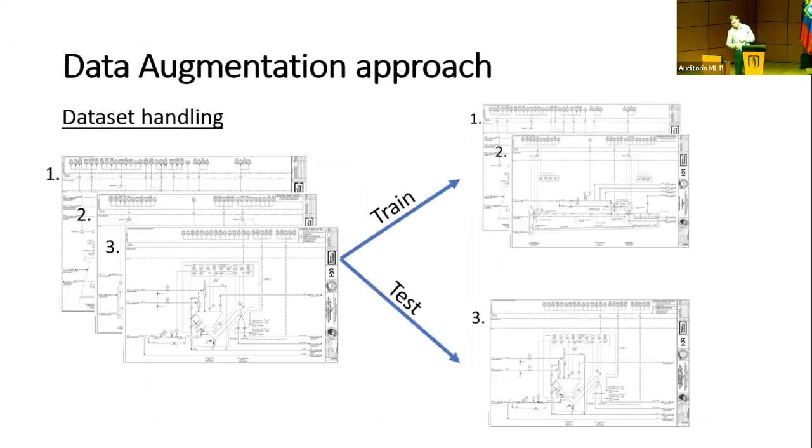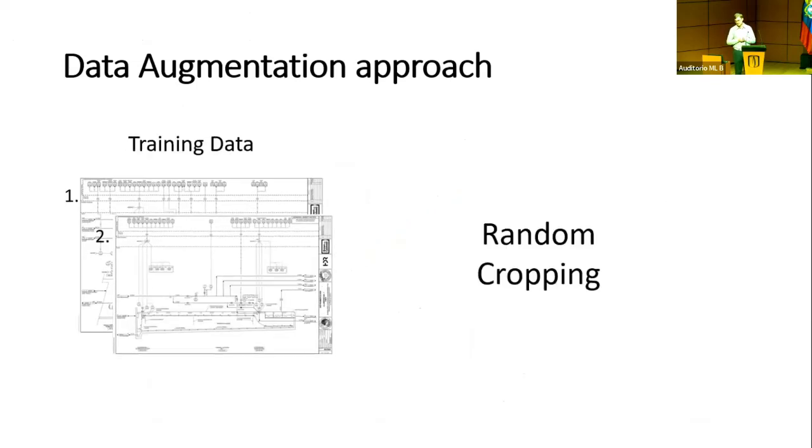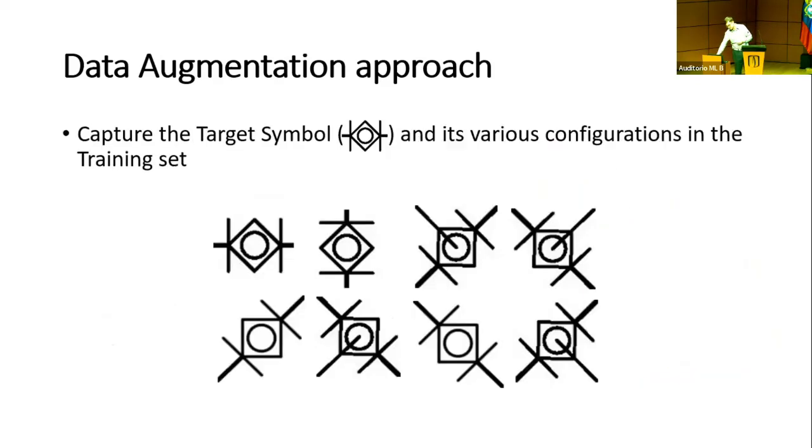The first step was to split our 3 sheets into a train and test set. We had 2 sheets for training, 1 sheet for testing. From our 2-sheet training set, we did random cropping. These are taking small windows of 256 by 256 pixels. We took, I think, 1,000 crops. Yeah, that's right.